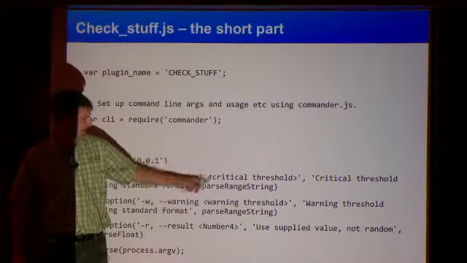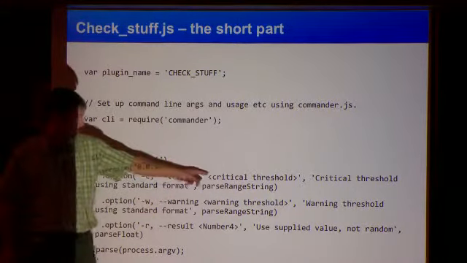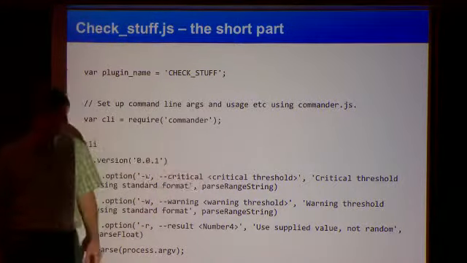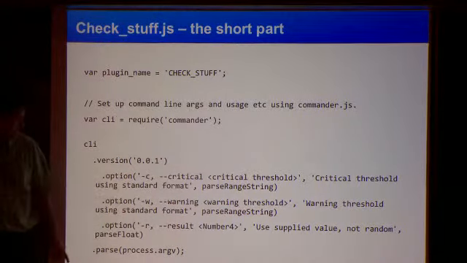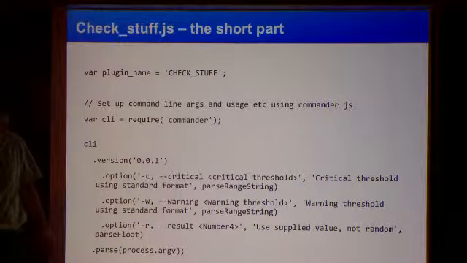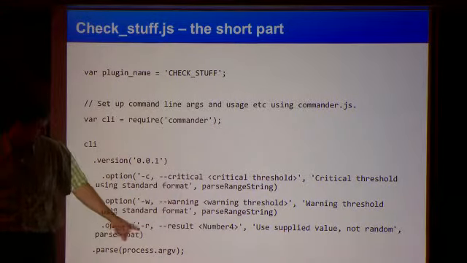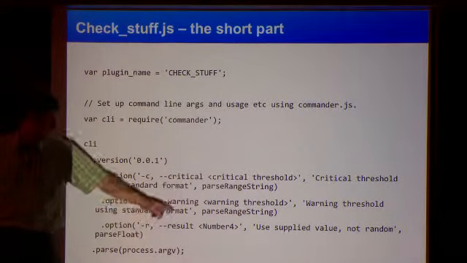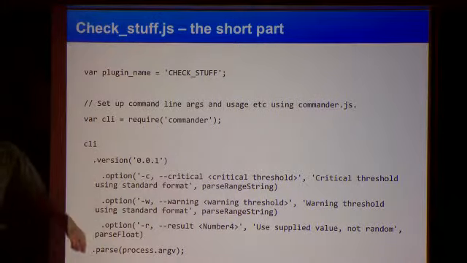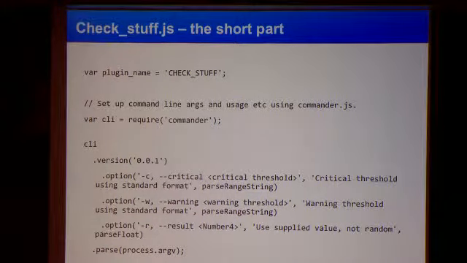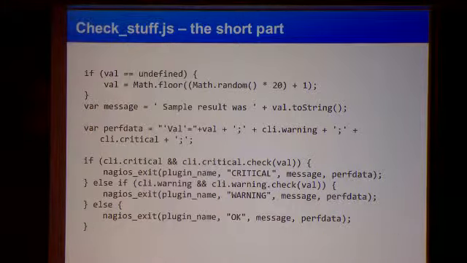It knows what the angle brackets mean, and it knows the double-dash format is the long variable name and allows the short one-letter flag for the same thing. This allows you to override the random number generator and give it the answer you want to check. So that handles all the argument processing.